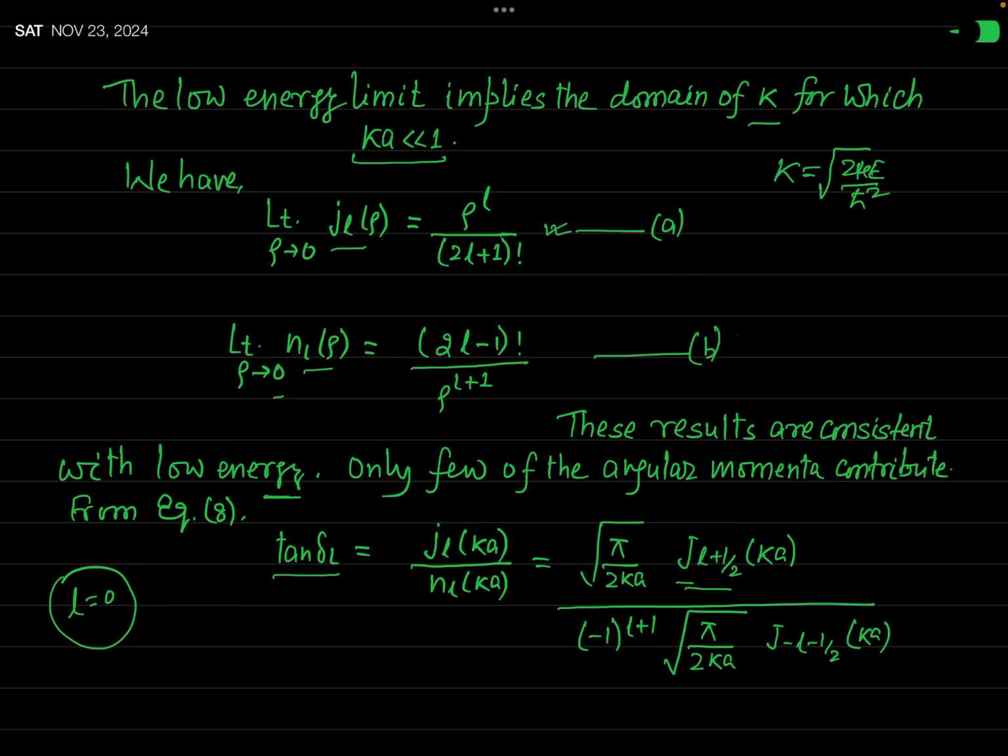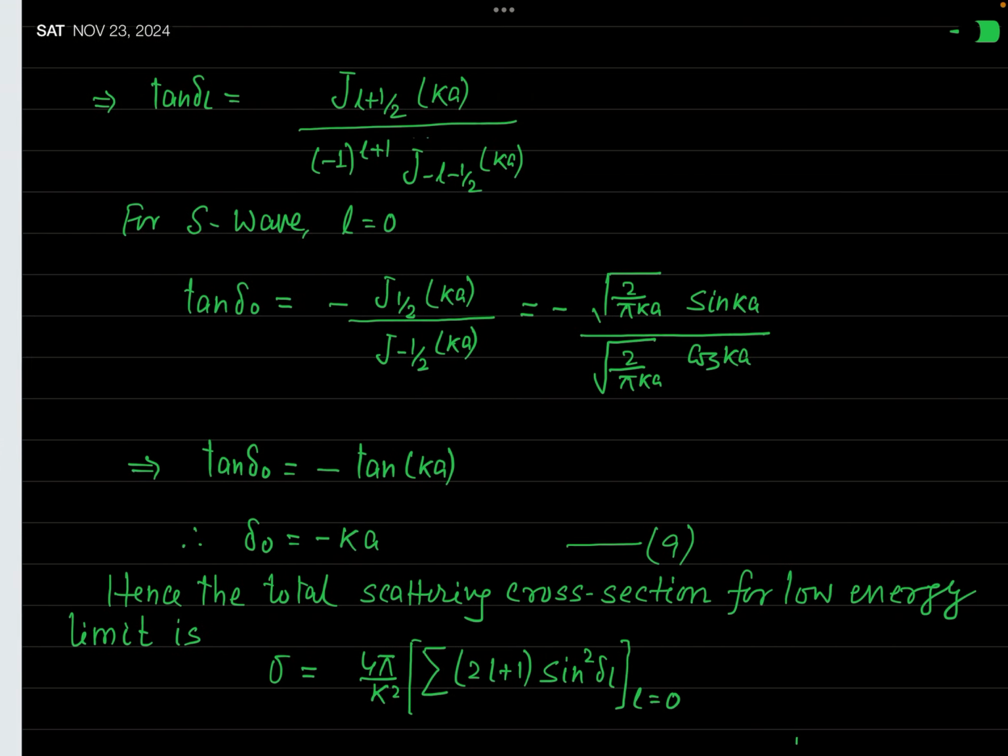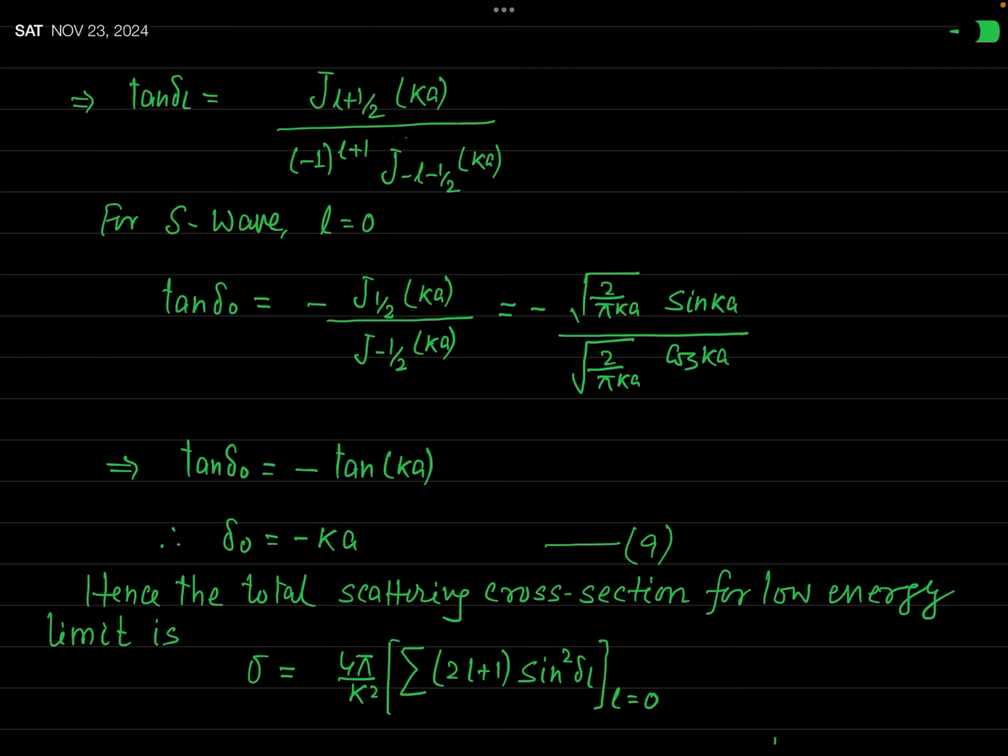And NL of Ka is minus 1 raised to the power L plus 1 times the square root of pi over 2Ka times J of minus L minus half of Ka. Now you can see this factor and this factor will cancel out, and therefore tan delta L will be equal to J of L plus half of Ka over minus 1 to the power L plus 1 times J of minus L minus half of Ka.